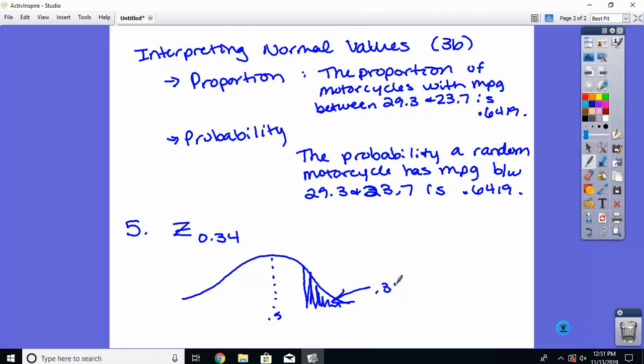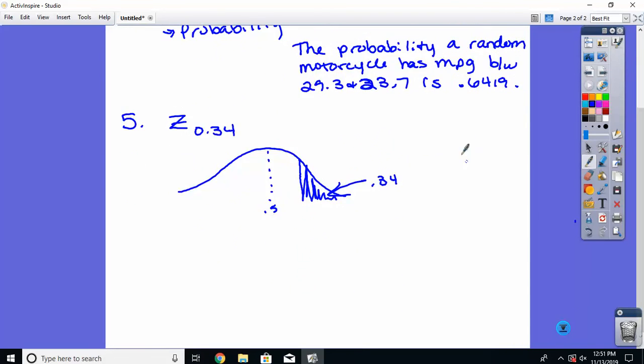That is 0.34. So the table, our normal table gives us area to the left. So we have to think, okay, my area to the left would be 1 minus 0.34, which is 0.66. So in your table, you are finding when the probability is 0.66. You go to your normal table, you are finding the 0.66 inside, because it's the probability. You need to give me the Z value.